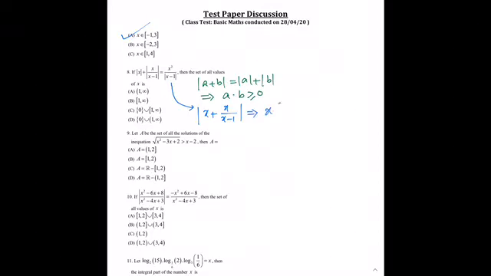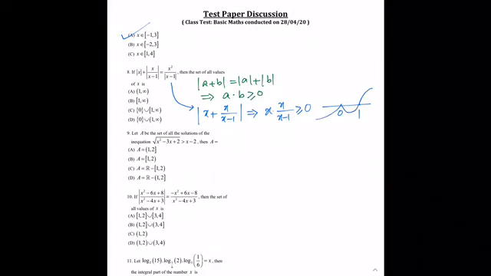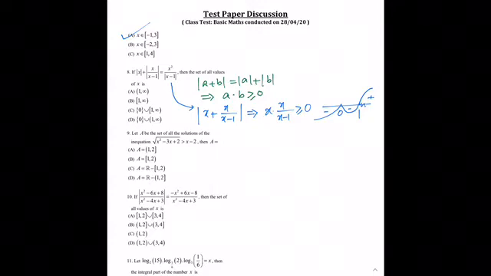I can eventually write that x · x/(x - 1) ≥ 0, which can be solved by using the wavy curve method. I will plot 0 and 1 here, and we have x squared, so the curve is coming like this and this. It will not cross from 0 because there is a power 2 for x. It is negative, negative, positive. I have to find when it is positive, so this part is positive, as well as it is equal to 0 for x equal to 0.